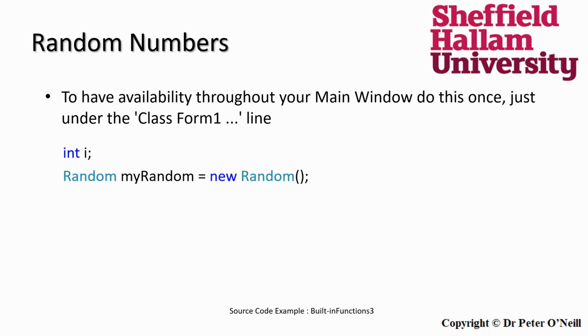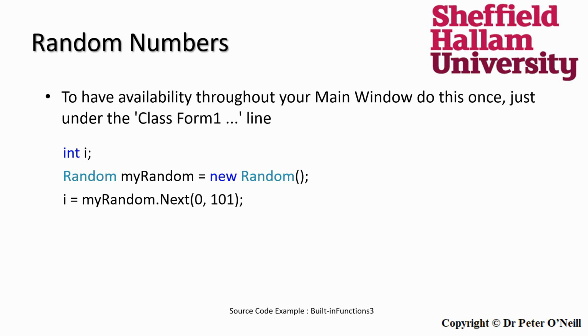In other words, I'm instantiating that random, my random, as a new object. So now I can treat it as an object, and I can access its methods. Which means I can also send it from one method to another method if I wish. However, in this instance, I'm declaring it global to save me doing that.